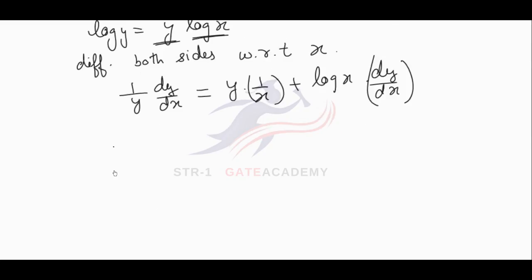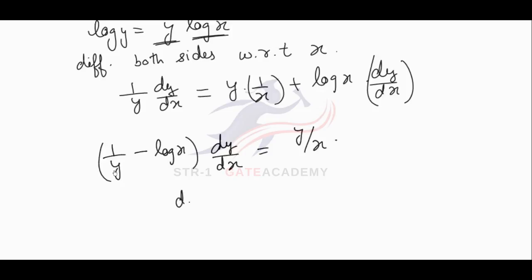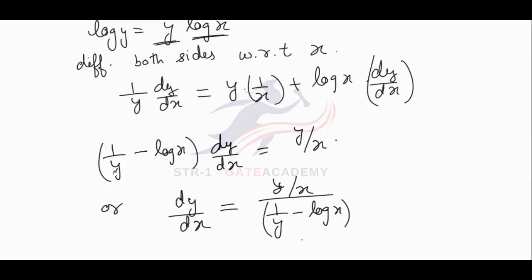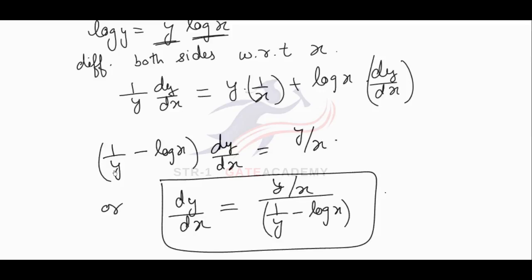So let us rearrange: 1 by y minus log x dy/dx is equal to y by x, or dy/dx is equal to y by x upon 1 by y minus log x. You can simplify it if it is available in the options, or you may leave the answer in this format also.